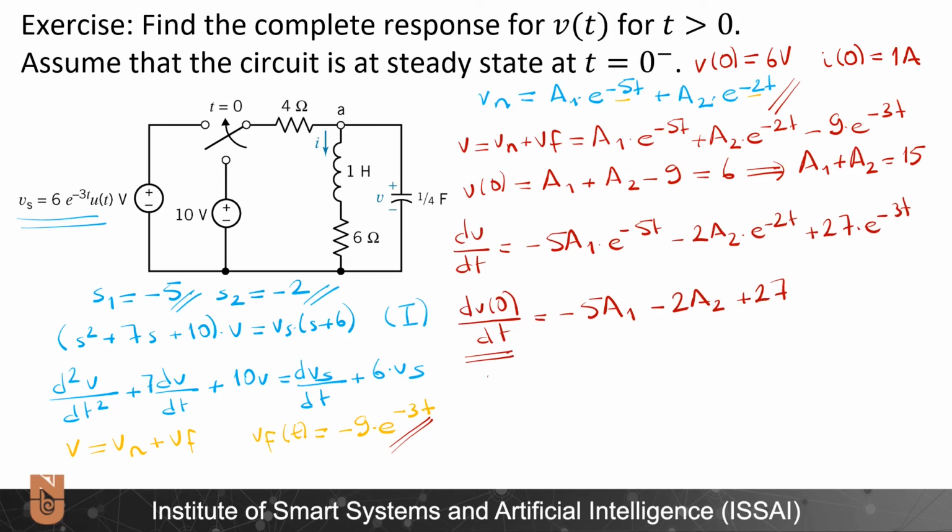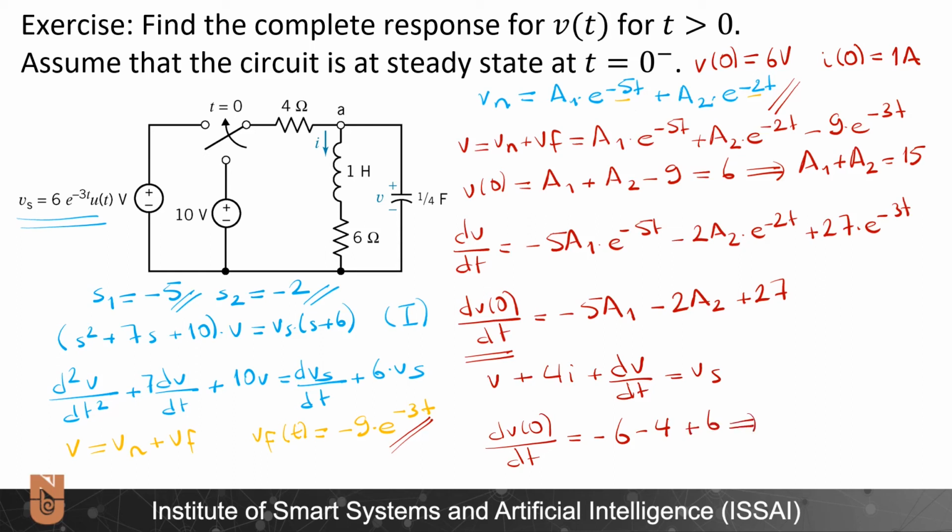Previously, we had found that v plus 4i plus dv over dt is equal to vs. And now we know all of these elements, and I can write that dv0 over dt is equal to minus v at 0, which is minus 6, minus 4i, which is minus 4, plus vs at t is equal to 0, which is 6.